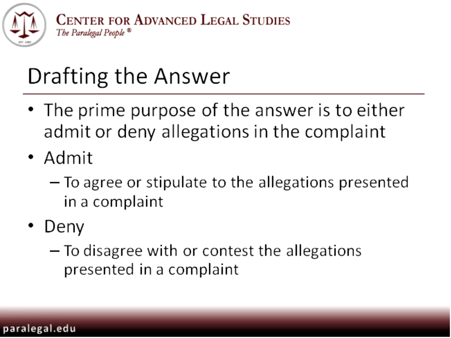All right. Drafting the answer. The prime purpose of the answer is to admit or deny allegations like we talked about. Admit means you agree or stipulate to the allegations. If you agree and stipulate, that is something the other side, the plaintiff, does not have to prove. If you admit your name is Joe Schmo, it's proven.